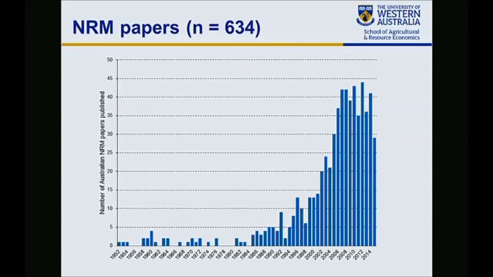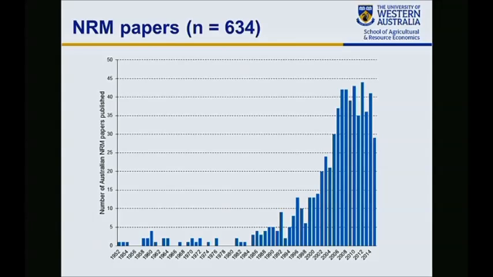So really it wasn't an issue of very much focus for Australian economists. But from the mid-80s, it really starts to increase quite steadily. And from the 2000s, the number of papers really explodes, such that about 2/3 of all the papers in this set have been published since 2005.